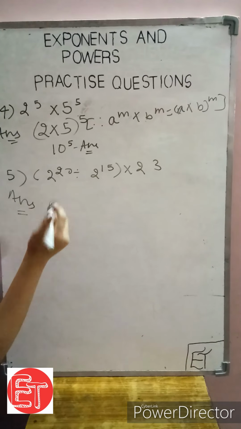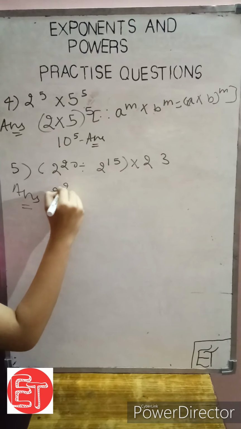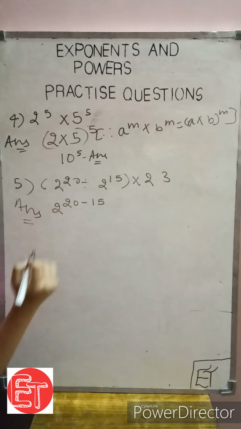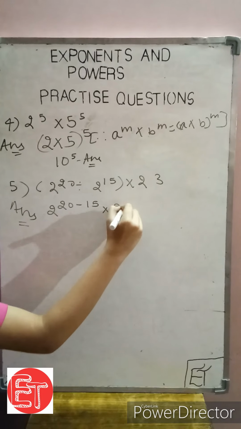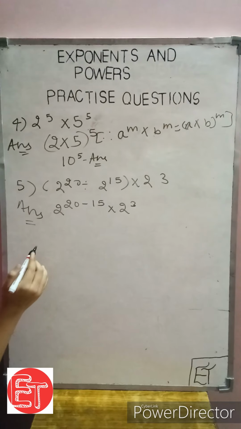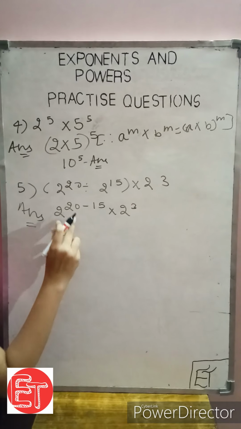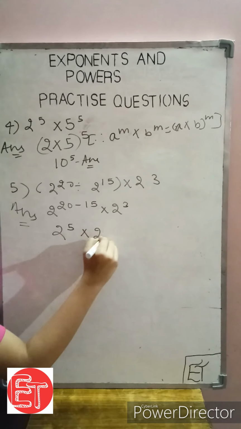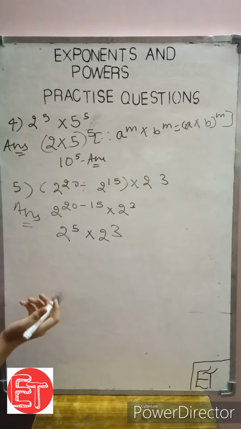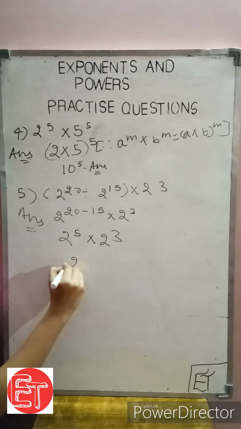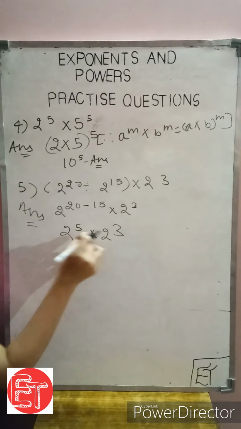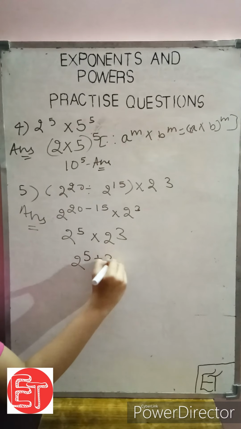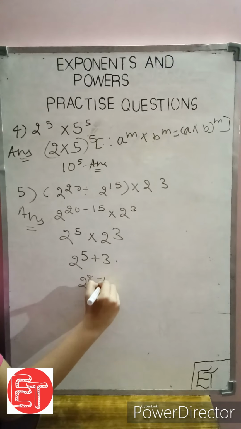This is in divide form, so we will subtract: 2 raised to the power 20 minus 15, into 2 raised to the power 3. 20 minus 15 is 5 into 2 raised to the power 3. Now we will add because the bases are same, powers are not same, and they are in multiply form. So 5 plus 3, 2 raised to the power 8.